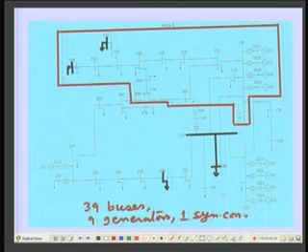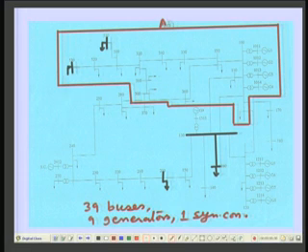Now, for this system, the first step is that suppose for a particular area, the area which has been identified is marked here. This is the area called area 1. This is the area 1.